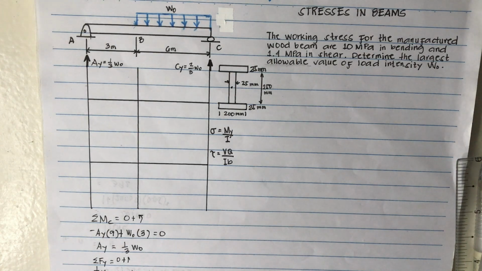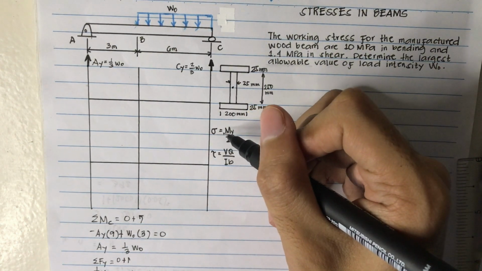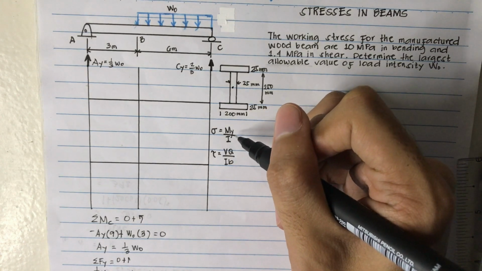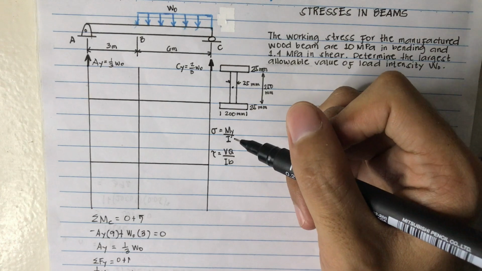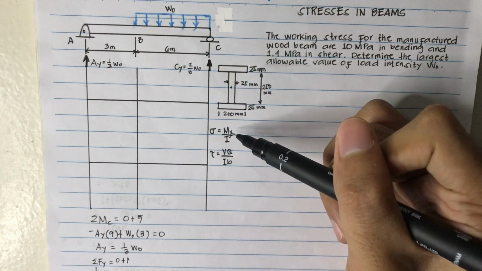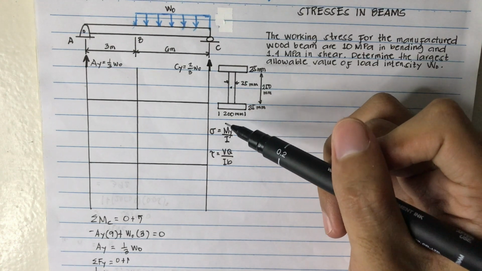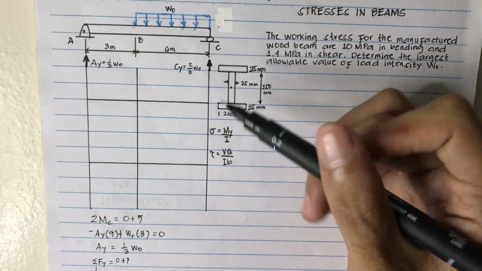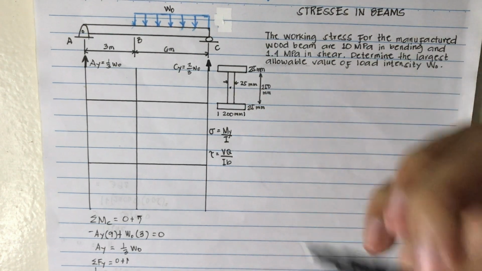So the formula for bending stress is sigma equals My divided by I, where M is the bending moment, which is easy to find. Y is the distance of fiber from the neutral axis, and I is the centroidal moment of inertia.